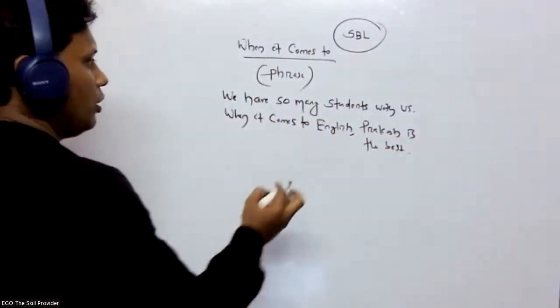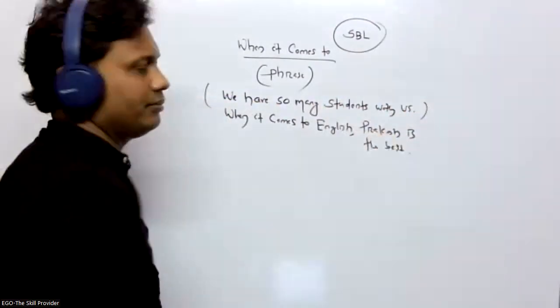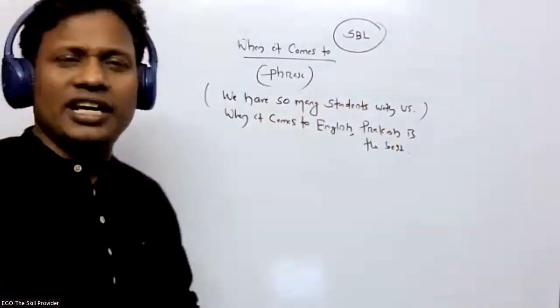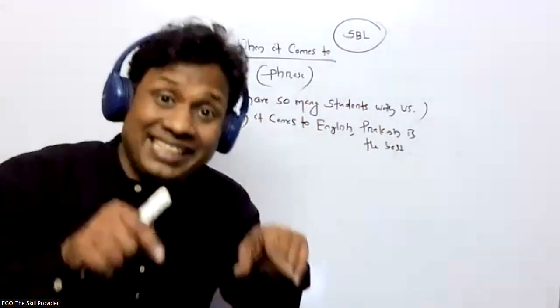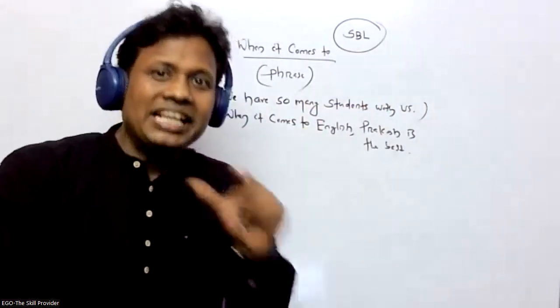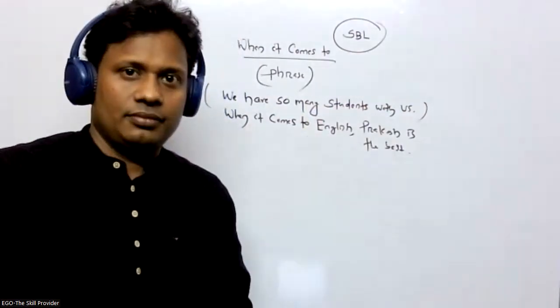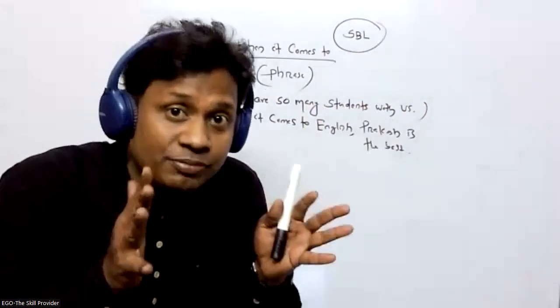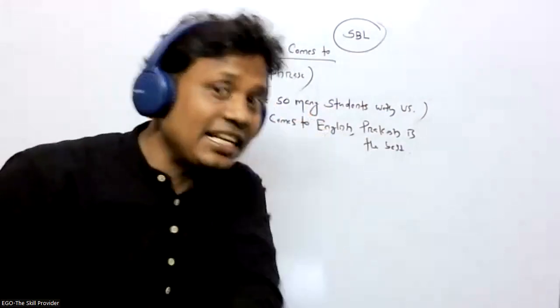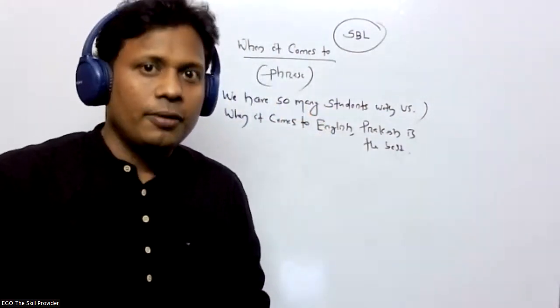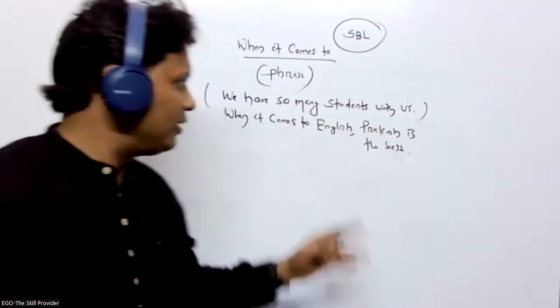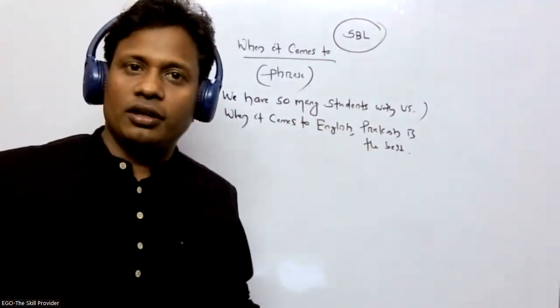So this is a general statement, completely a general statement. When it comes to English, look, I make it particular. I make it more specific. I emphasize that particular thing. You can say emphasis, more particular, things like that. Then I can say Prakash is the best.